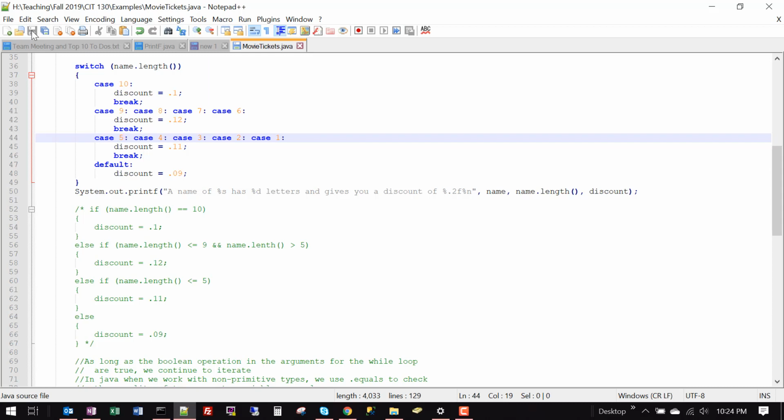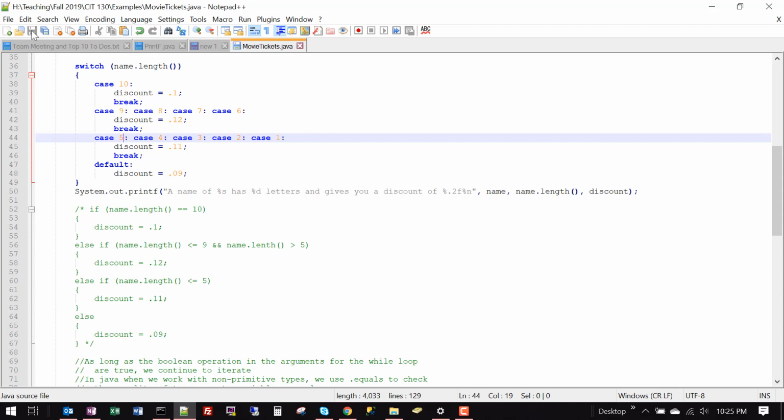And then we also did some cool stuff with our numerics. We talked about the modulus operator. We talked about several methods of the Math class that gave us the ability to do different kinds of mathematics.